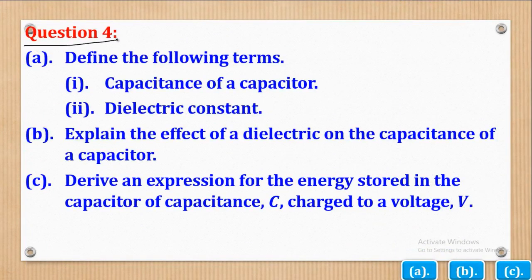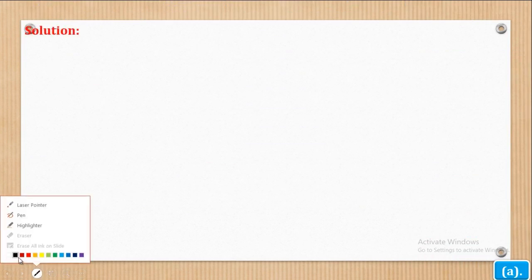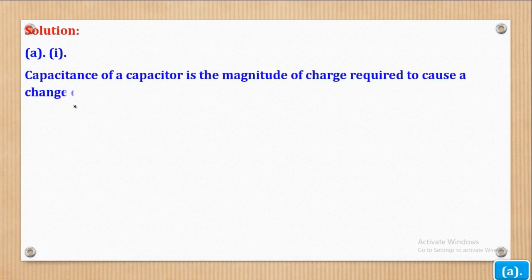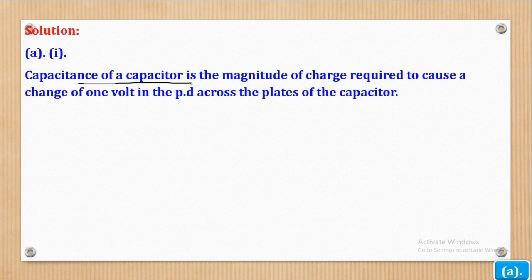Now we shall go to question 4. Question 4 part A says define the following terms: Roman 1 capacitance of a capacitor and Roman 2 dielectric constant. So capacitance of a capacitor is the magnitude, note this word magnitude, of charge required to cause a change of 1 volt in the PD across the plates of a capacitor.